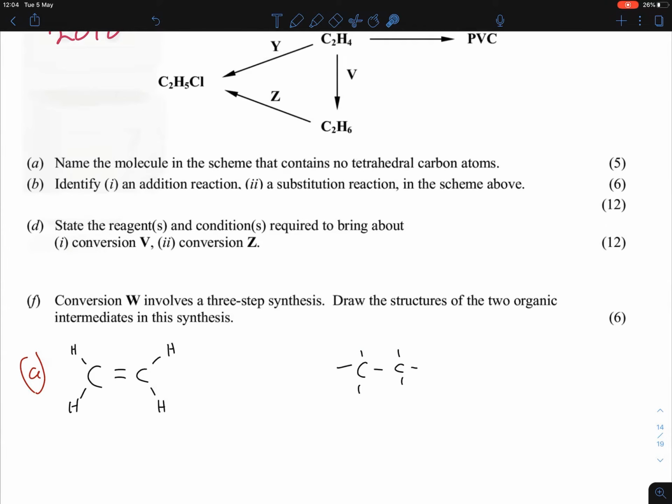Both of these are tetrahedral because they both contain 4 bonds. If there's a double bond in there somewhere, it's going to be planar. I'm going to rub that one out now, because we don't need it anymore. It says name the molecule, so drawing it's not good enough. You have to write down the name of it, so it's going to be ethene.